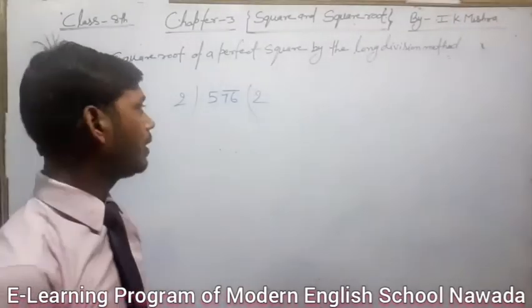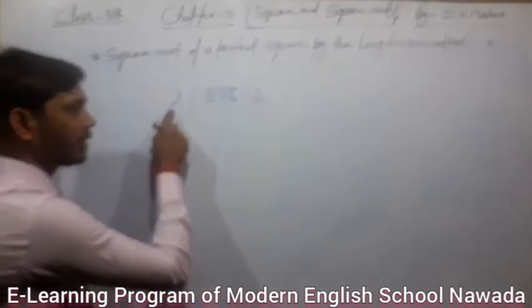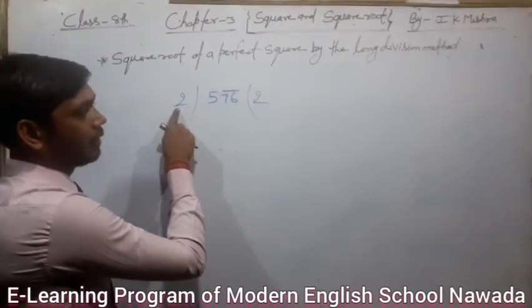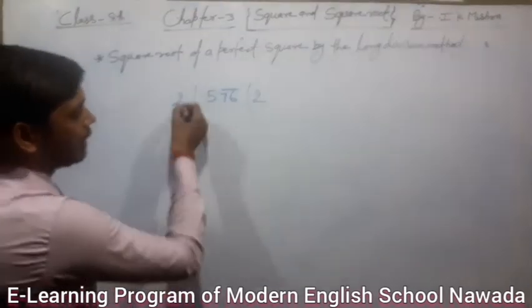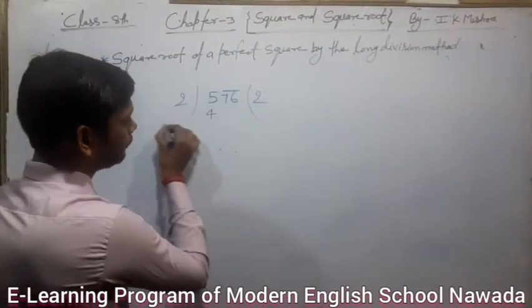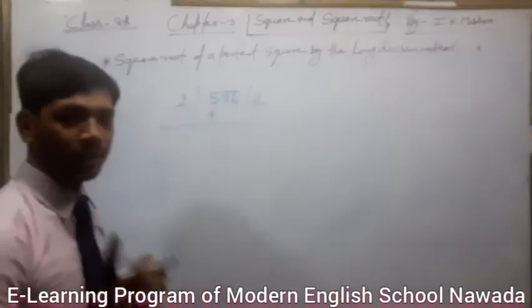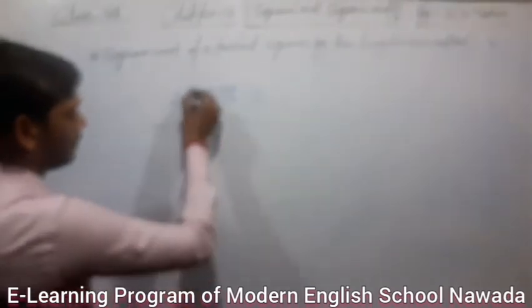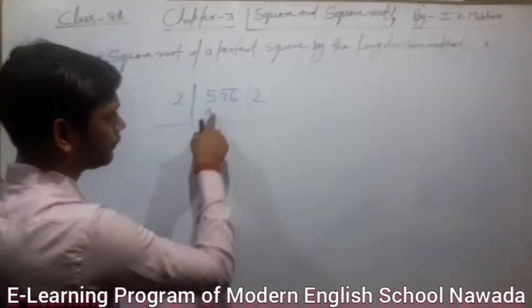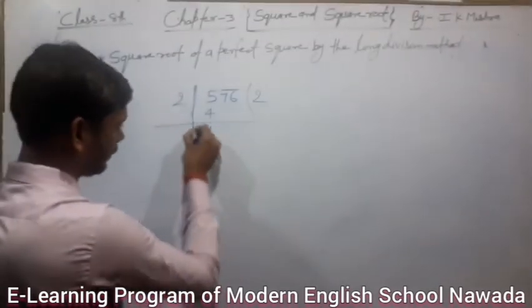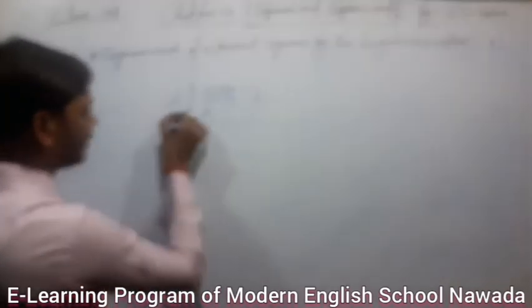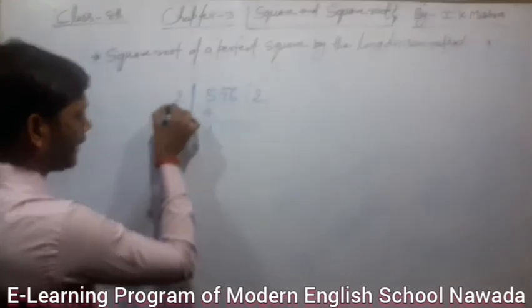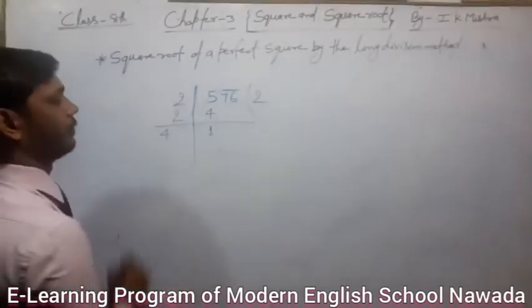Always remember here that the divisor and quotient are the same. So here we write 4, and after that, subtract it, 1, draw this line, and add this 2, it is added here, 4.